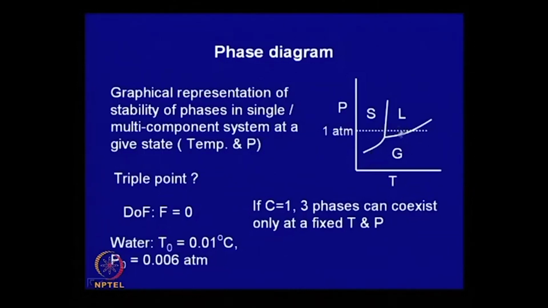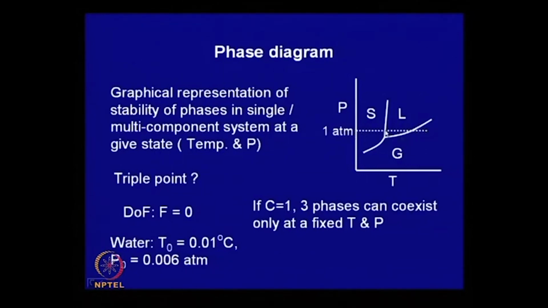Similarly, you have this line which represents the equilibrium between solid and liquid, and this line represents the two phase equilibrium between liquid and gas. Suppose the 1 atmosphere line intersects here.